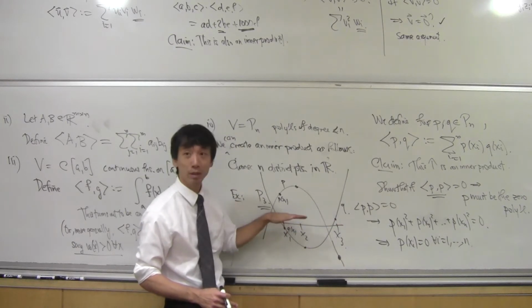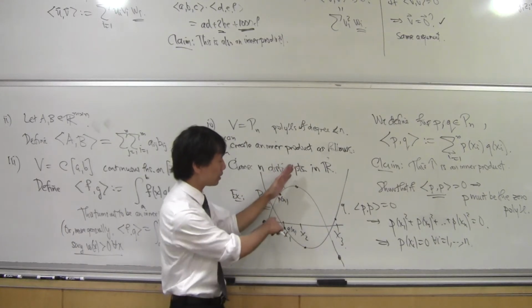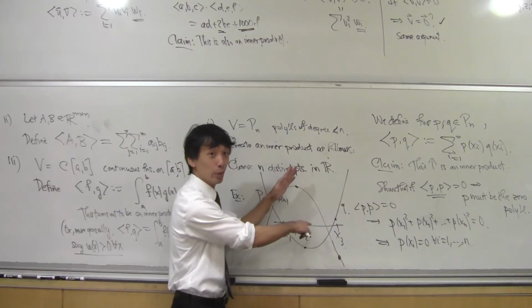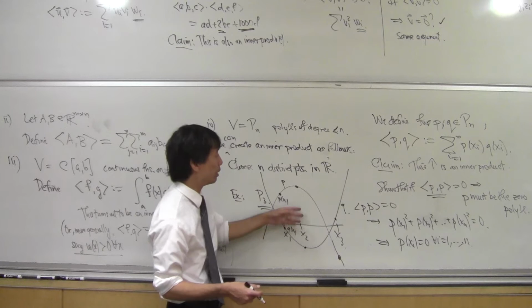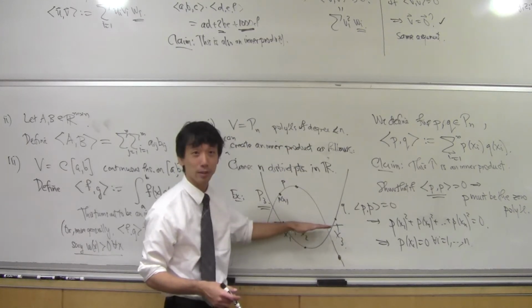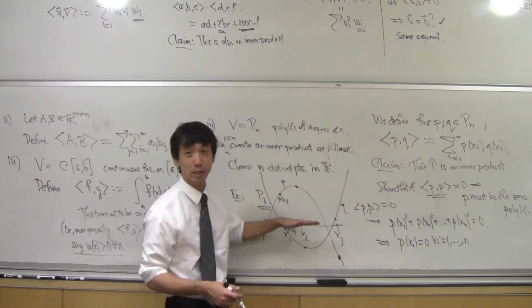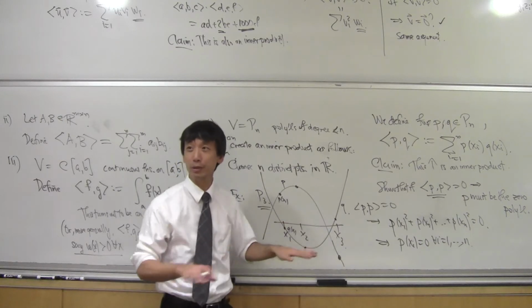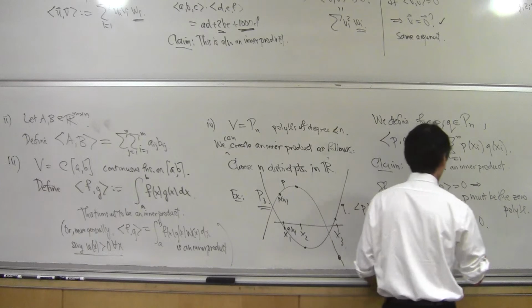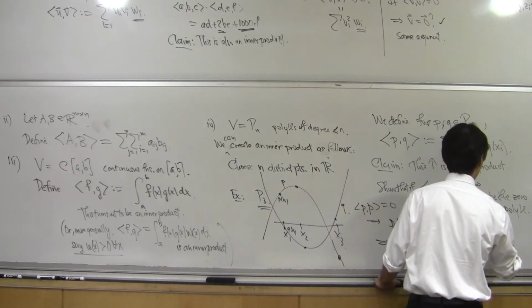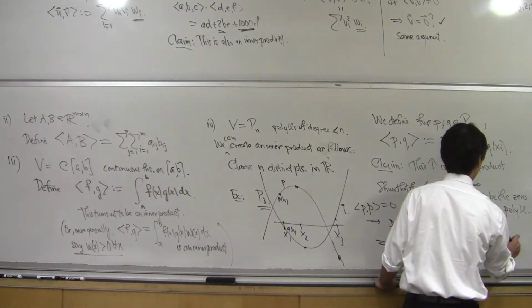You can't have a line that intersects at 2 points except if it's the zero line. Any polynomial of degree less than n that has n roots has to be constantly 0. So that would imply that P is constantly equal to 0.